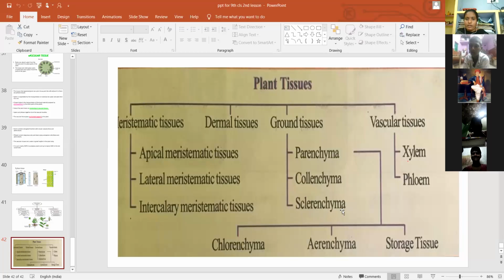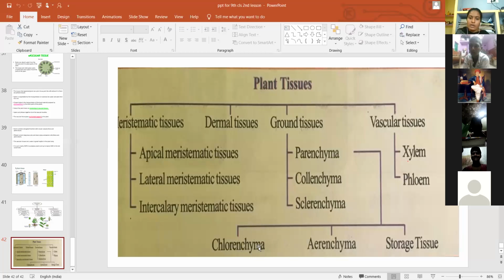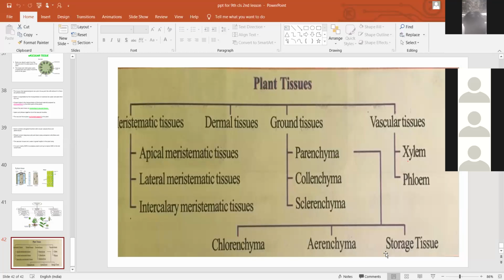Now, the sclerenchyma is divided into 3 types. Number 1 is florenchyma, arenchyma and storage tissue.